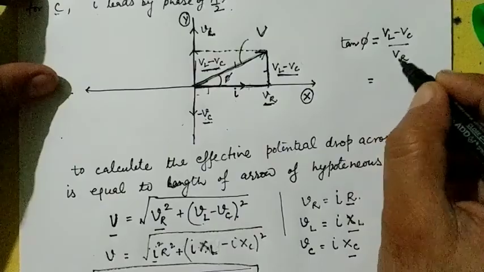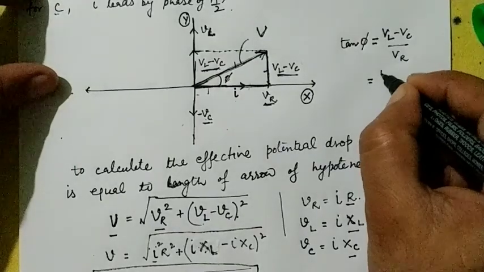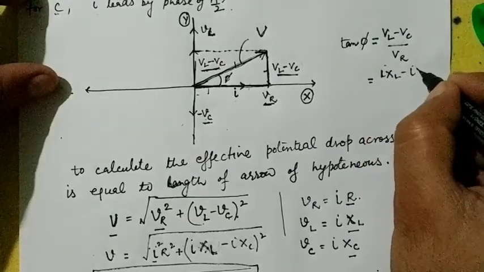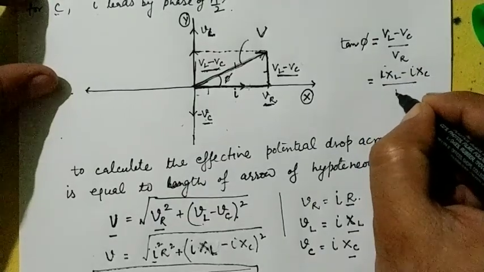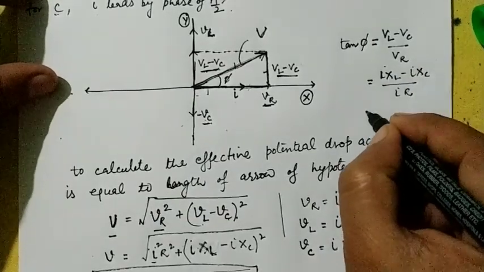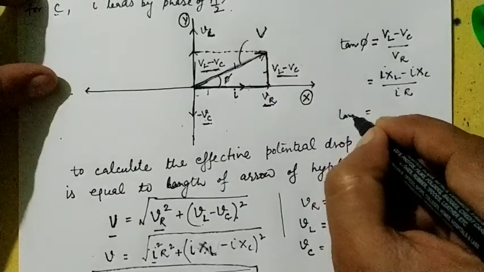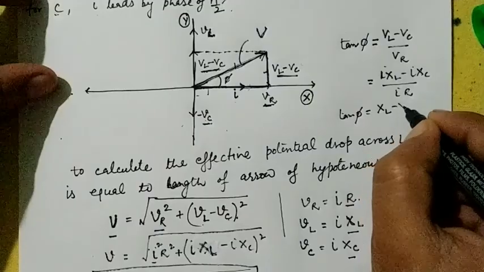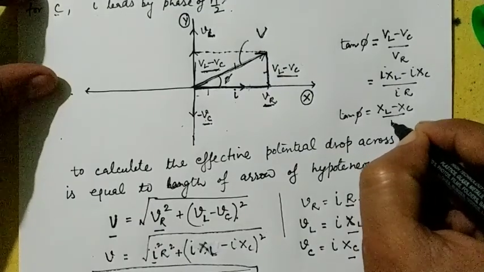If you put in the values, VL is IXL minus IXC divided by IR. After solving it, I is cancelled out, so we are left with XL minus XC divided by R.